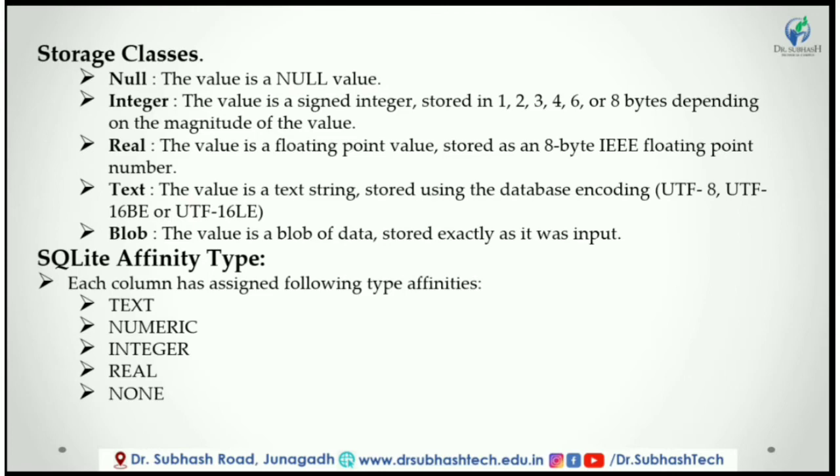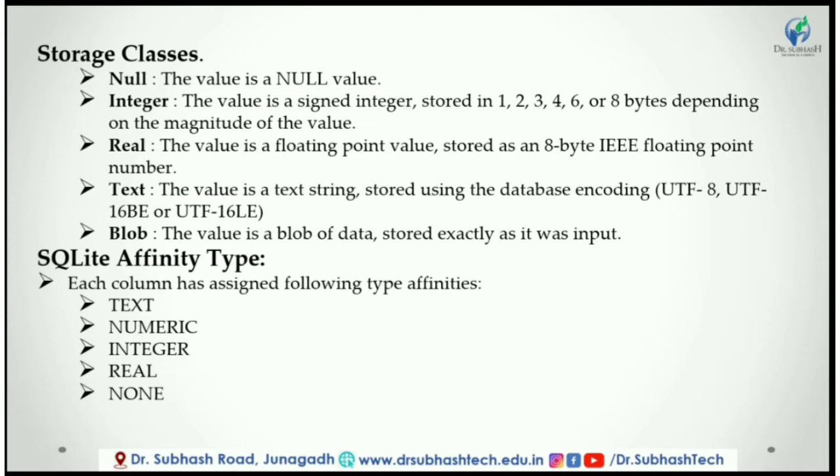Storage classes. First is null, the value is a null value. Integer, the value is a signed integer, stored in 1, 2, 3, 4, 6 or 8 bytes depending on the magnitude of the value. Real, the value is a floating point value, stored as an 8-byte IEEE floating point number.